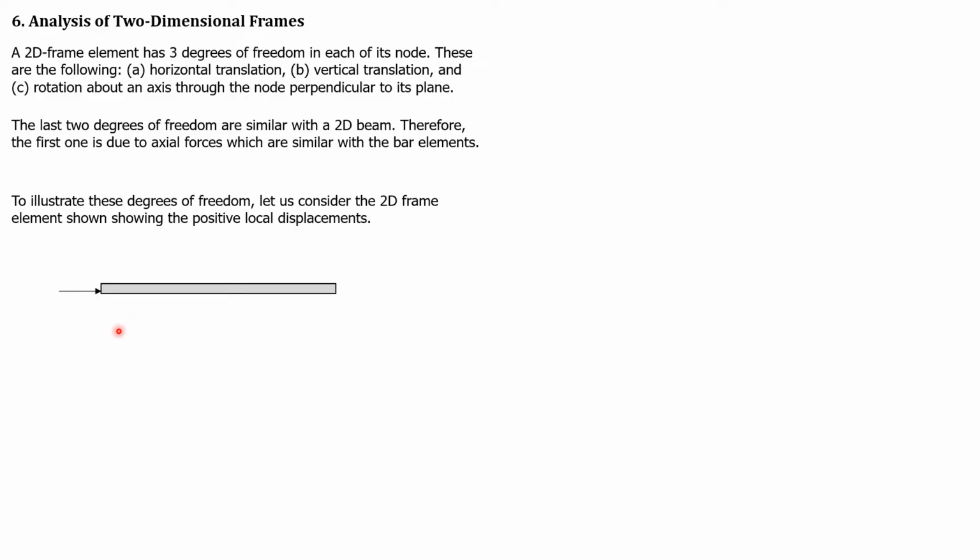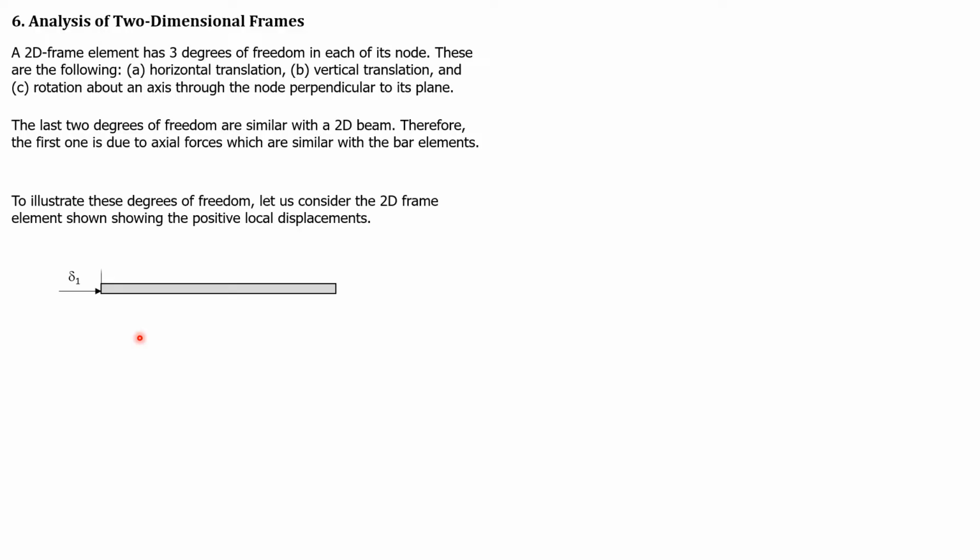The shear, the axial displacement, which is independent of the shear and moment effects. So in other words, the axial effect is purely axial. It has no contribution to shear and bending.